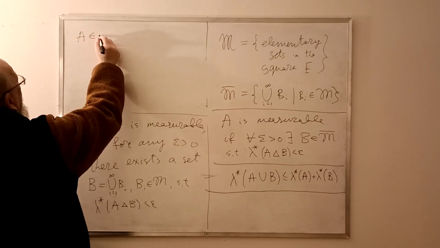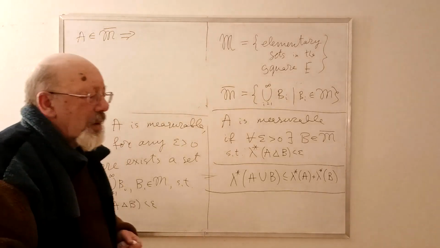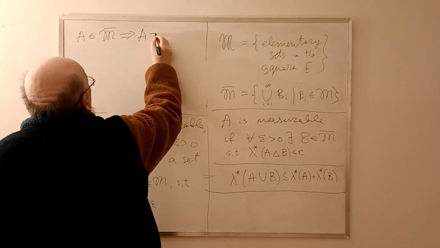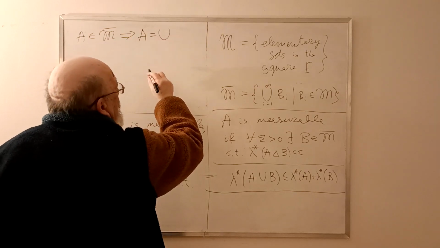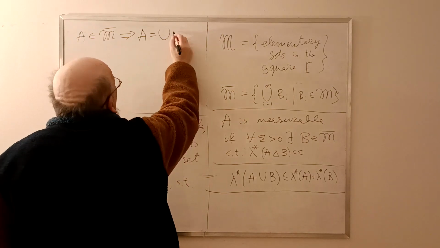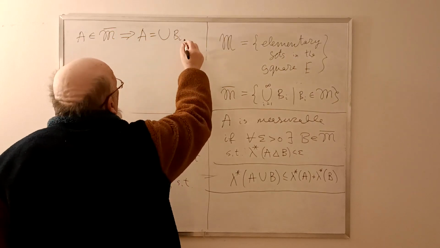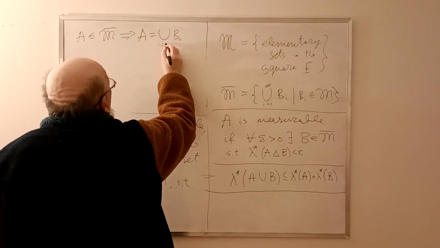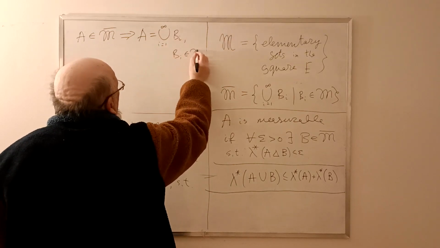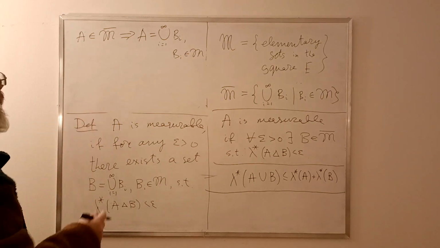For A in M bar, we can write A as the union of Bi, Bi in M. Yes, it is a union of a countable number of elementary sets.